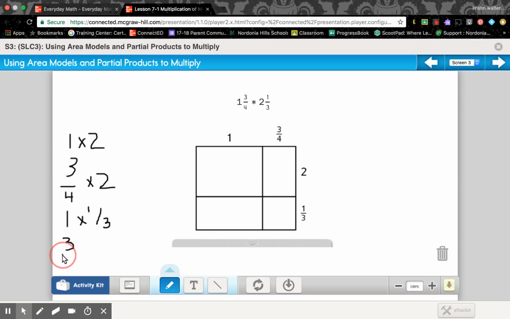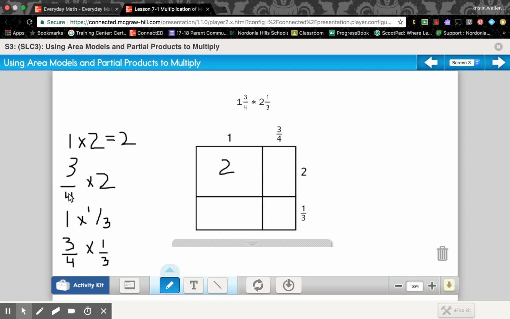So we do have quite a bit of work with all these partial products. So let's start from the top. 1 times 2. Well, that's pretty simple. That's just 2. So let's write that in that box because 1 times 2 is 2.